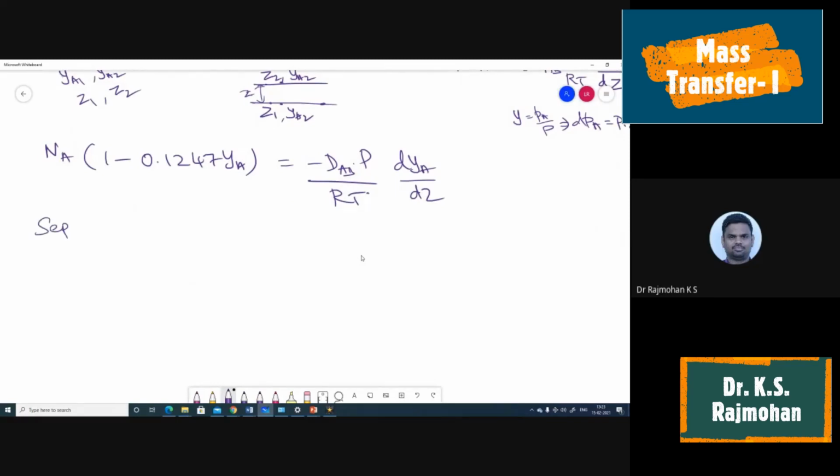Separating and integrating YA and Z terms.